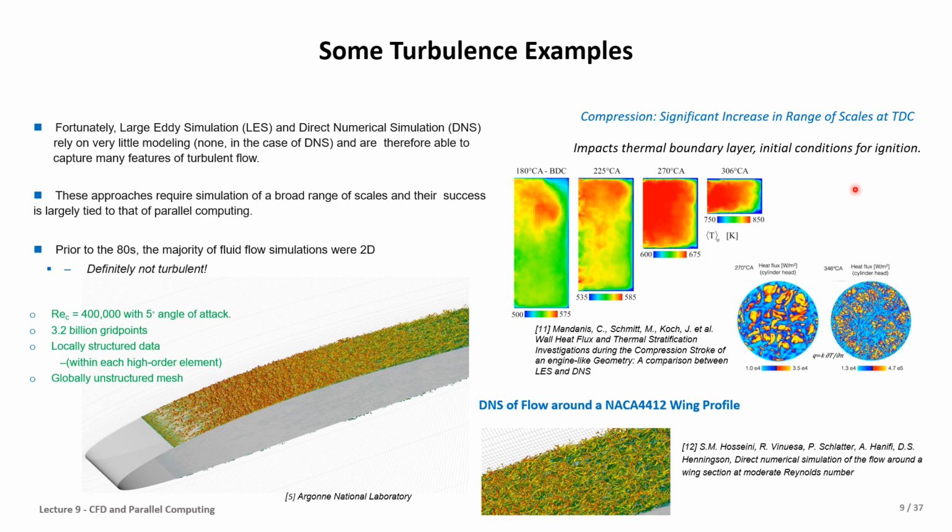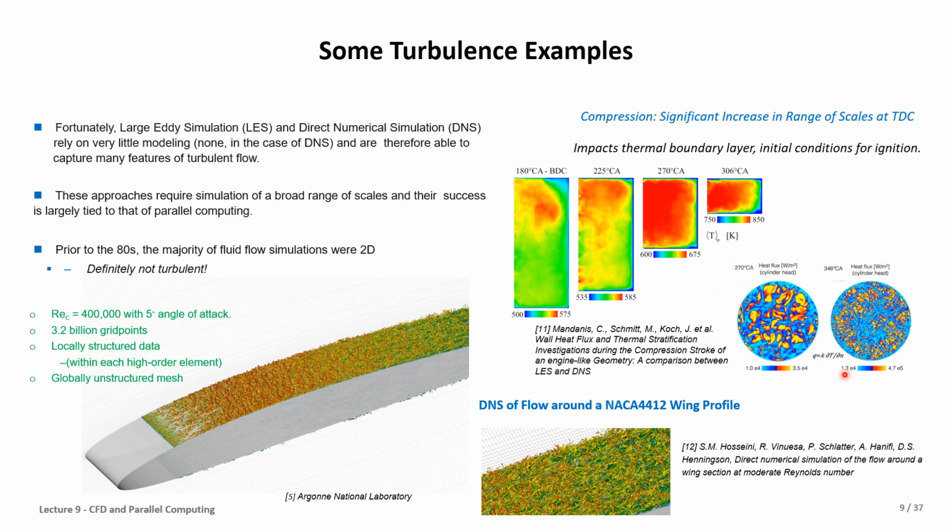Here is another example from the range of scales at top dead center for the ignition timing in the combustion engine. As we can see here, the compression is happening in the engine from 180 degrees to 225, 270, and then 306.